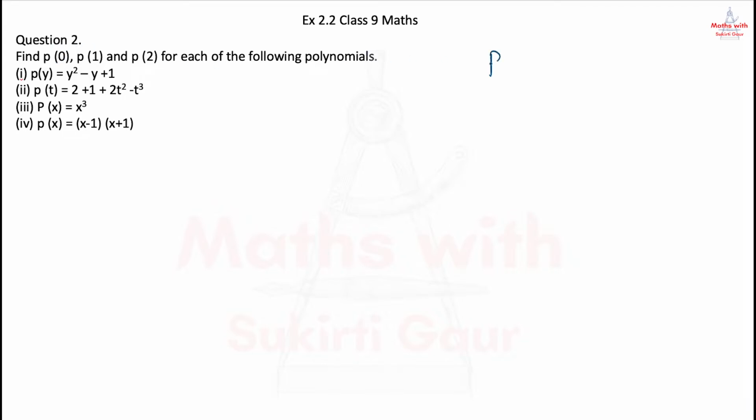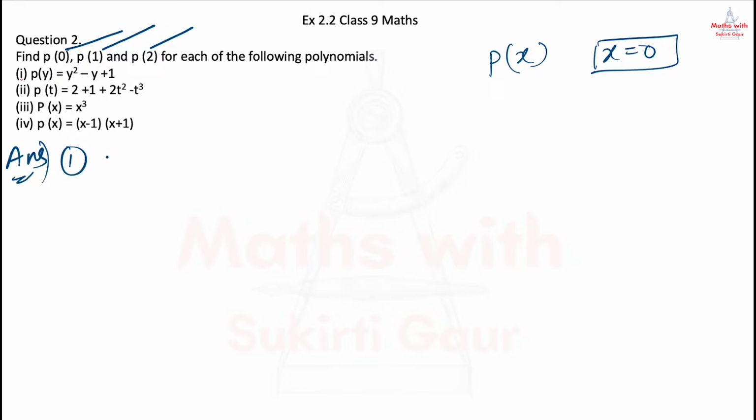Here x we will be taking as 0 in the first part, and in the second one we are going to take polynomial for x equals to 1, and in the third one we are going to take x equals to 2. We are going to solve the polynomials for these three values.